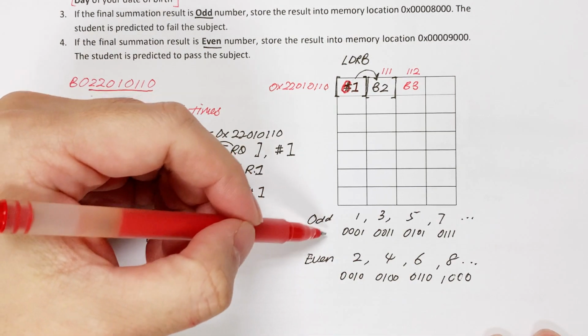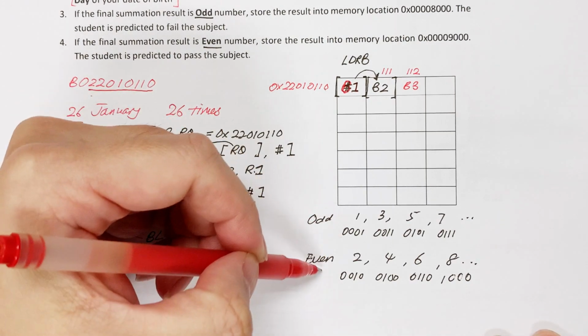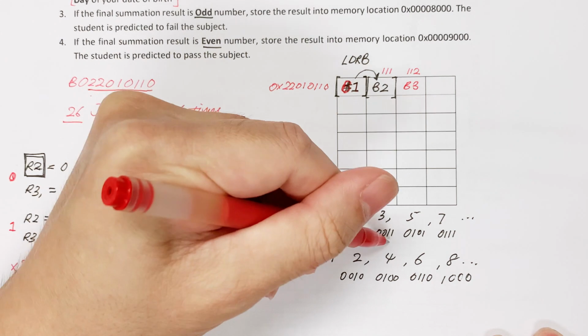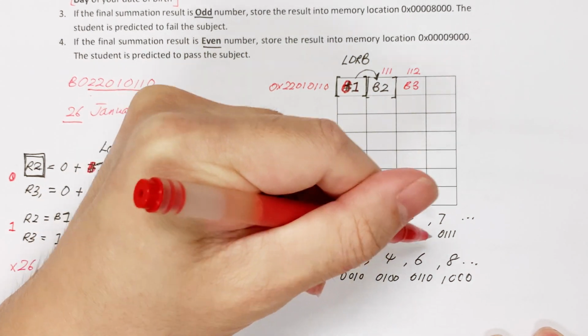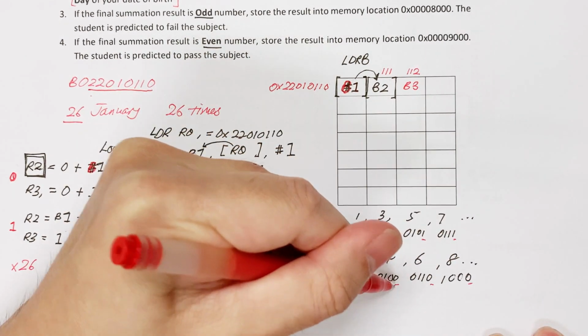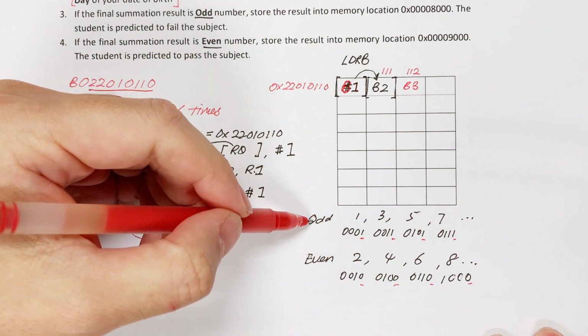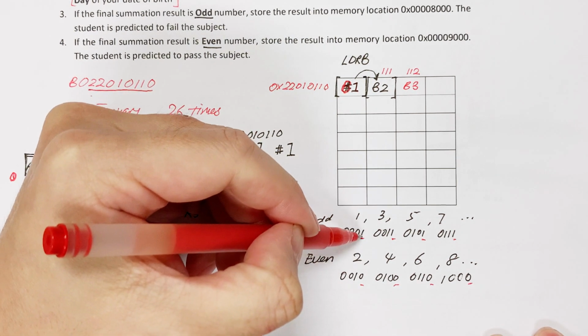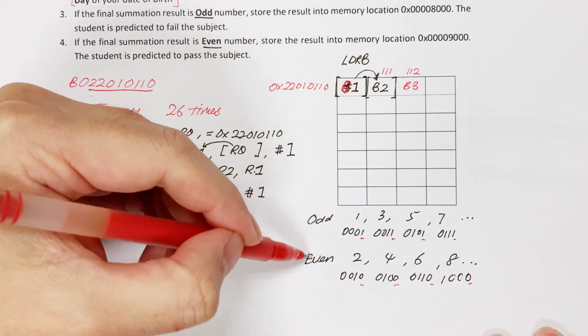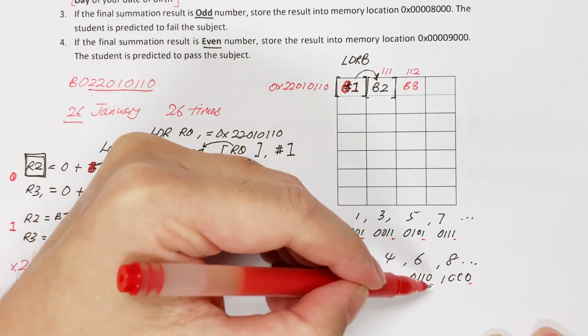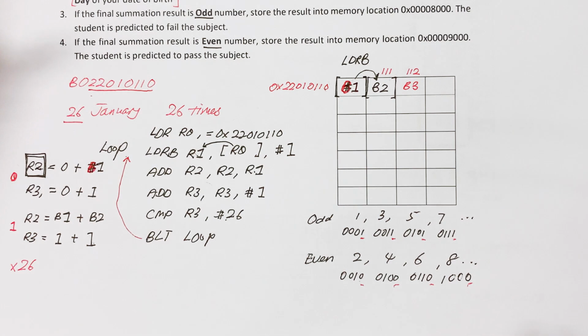If you compare the binary of odd and even numbers, the first bit, or the LSB, will tell you whether it is odd or even. For odd numbers, the LSB will always be 1, and for even numbers, the LSB will always be 0.